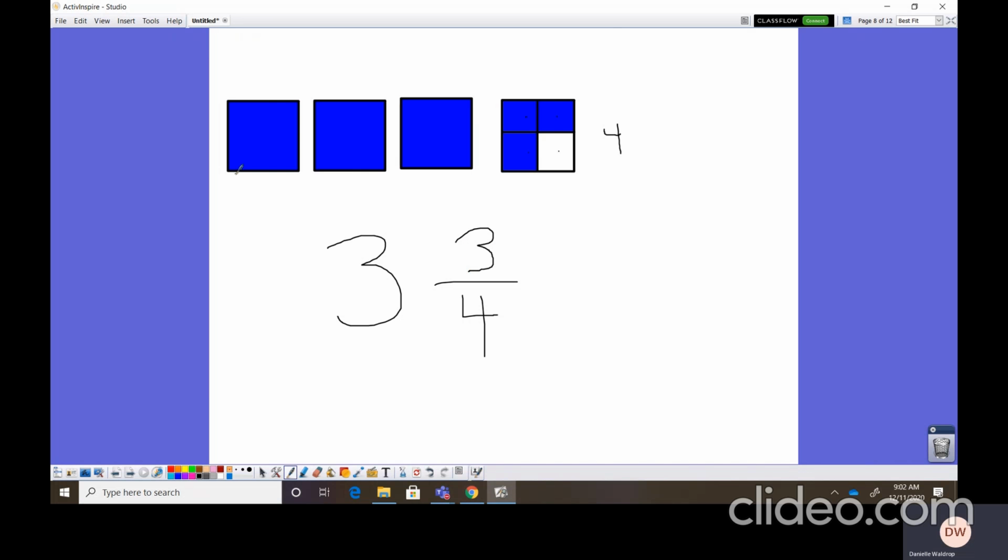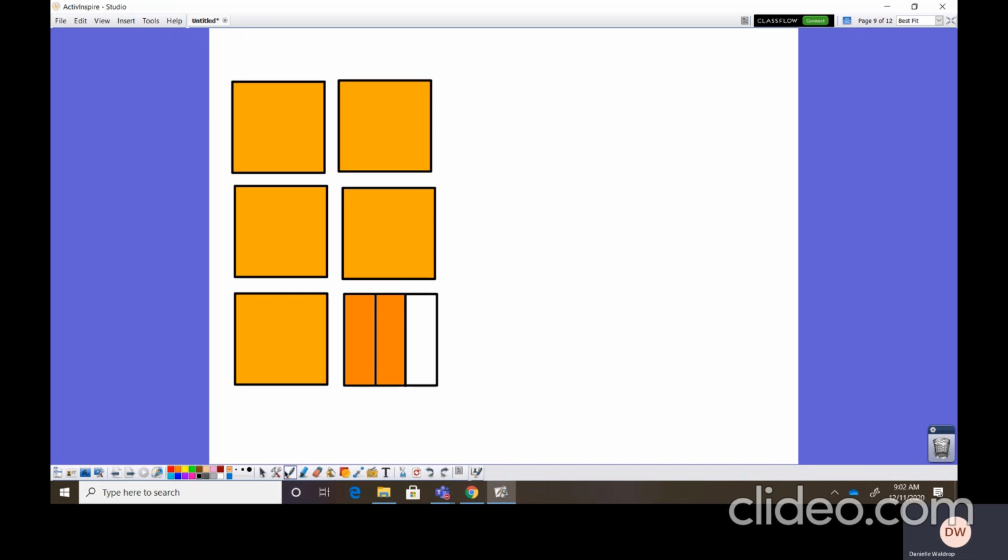Remember, we knew it was mixed because I saw some whole squares and then I saw a square with some fractions, some pieces missing. So 3 and 3/4. What about this one? What would your mixed number be? And I know this one's mixed because I see some whole pieces and I see a fraction piece. What was your mixed number on this one?